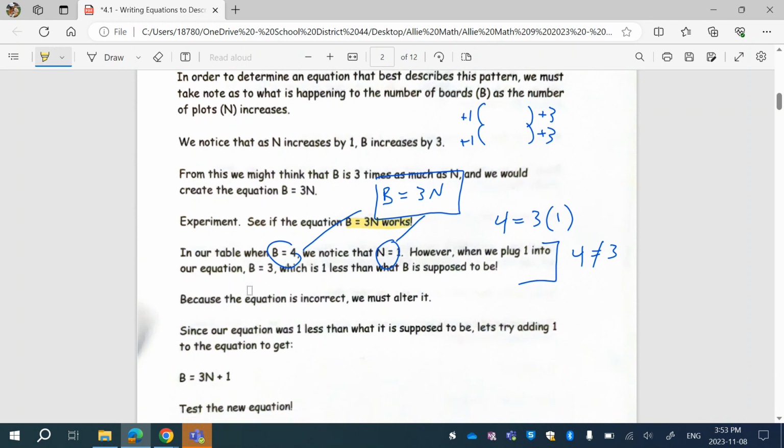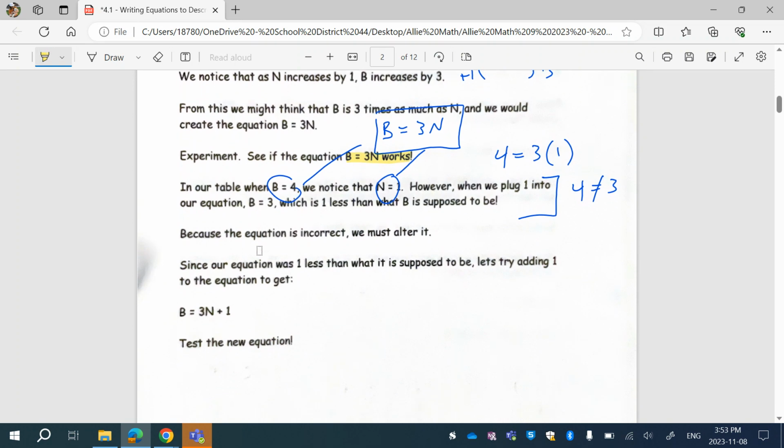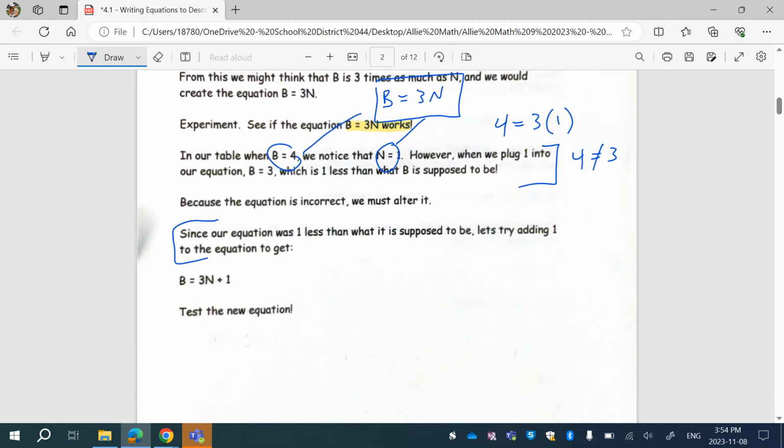So because the equation is incorrect, we must alter it. Since our equation was 1 less than it was supposed to be, let's try adding 1 to the equation. So we're taking our original one right here, b equals 3n, and we're adding 1. Because remember, we got 4 equals 3, it would need to be 1 more.